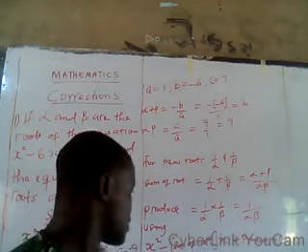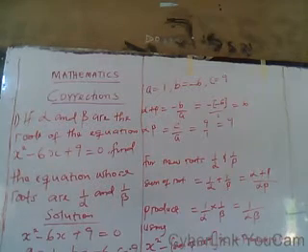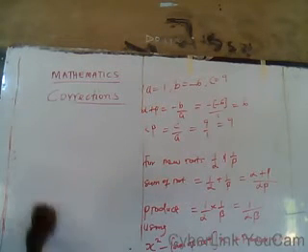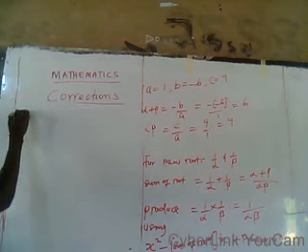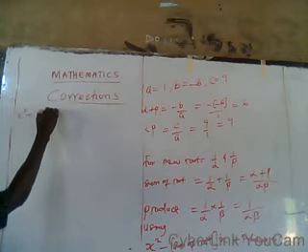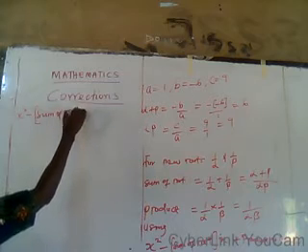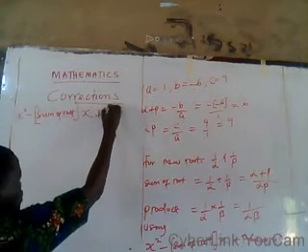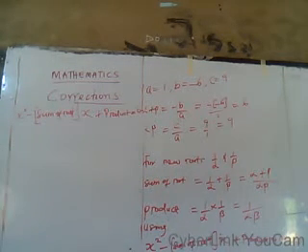I think you can see it. So we said we are using x squared minus sum of roots x, then plus product, equals 0. Are you getting it now?